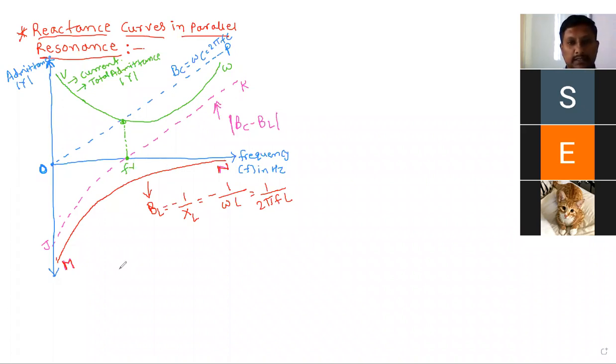Understood? So these are the different curves. So this graph is reactances, the reactances in a parallel resonance circuit.